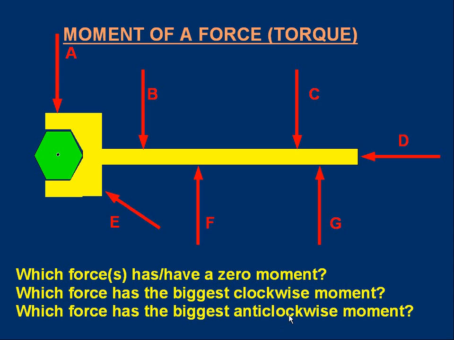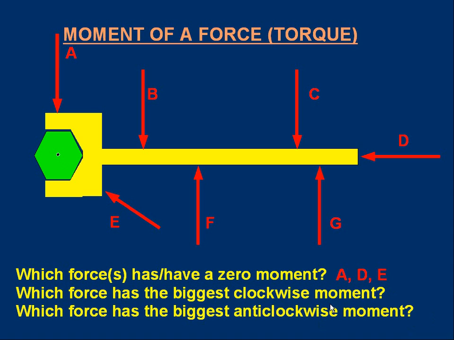Well, I hope you've done it. If you look carefully, forces A, D, and E point directly at the centre of the nut. And if you apply D or E, they are not going to cause any rotation. They're directed at the centre, not to one side of the centre. So the answer to the first question was A, D and E. Which force has the biggest clockwise moment?